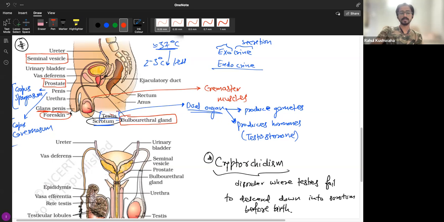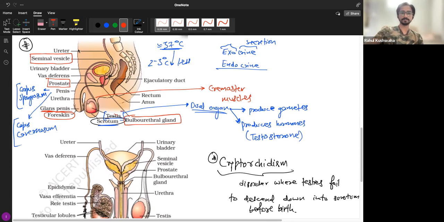But as the baby male grows and reaches puberty, the penile structure starts to grow, and with that the foreskin also grows. In a few cultures, the foreskin is removed after a certain age after birth, right? And that process of removal of the foreskin is called circumcision, correct?